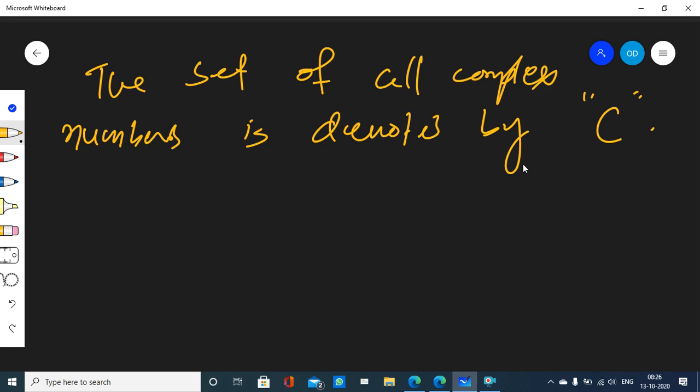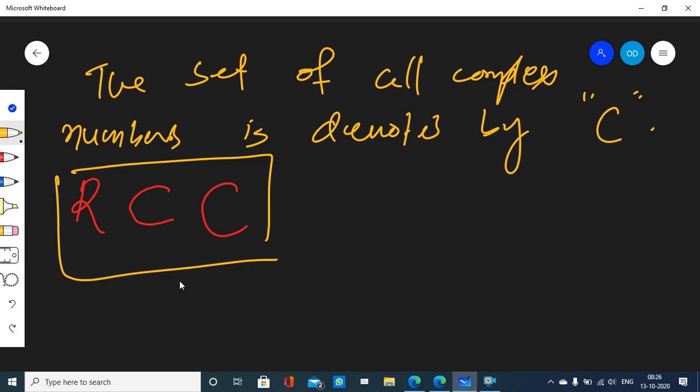Just remember that the set of all complex numbers is denoted by capital C. And obviously, the set of real numbers, that is R, is a subset of the set of complex numbers, because every real number is also a complex number, right?